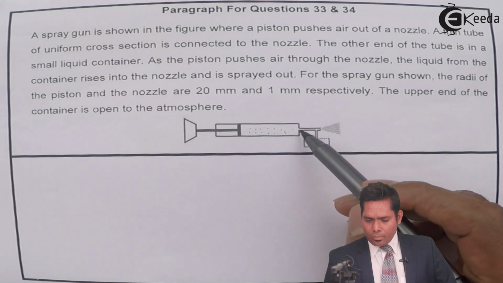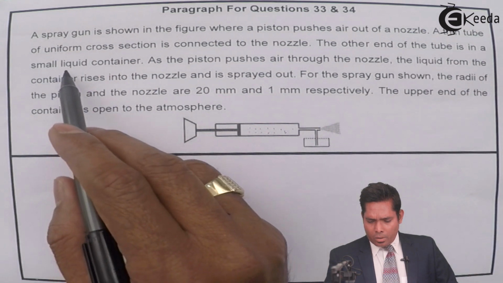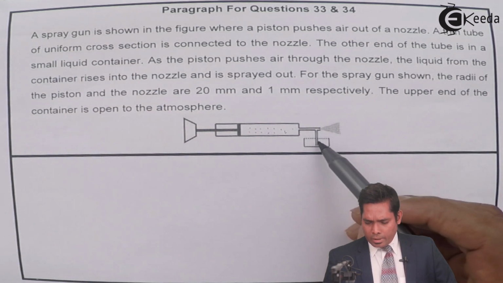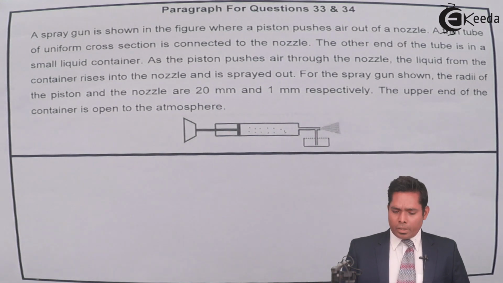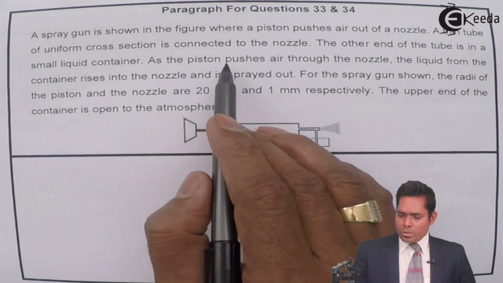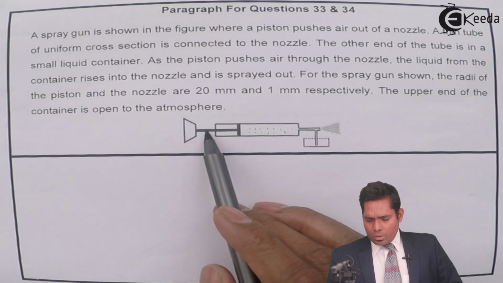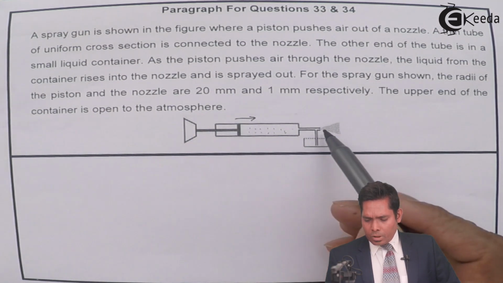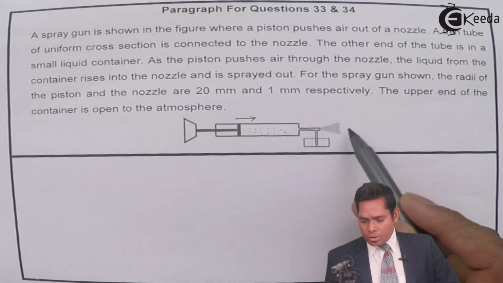The other end of the tube is in a small liquid container. So this is inserted in a container containing some liquid. As the piston pushes air through the nozzle, as this piston moves forward, it pushes the air and then the air goes to this side.